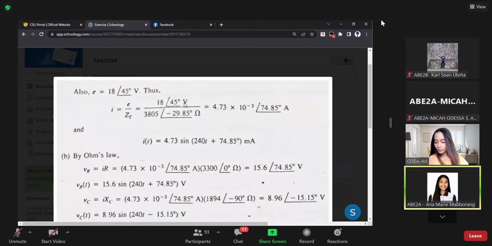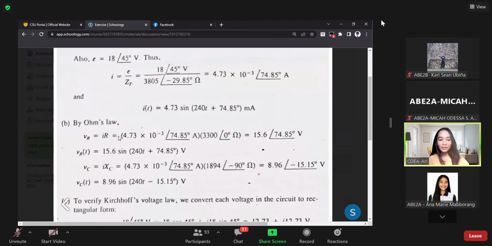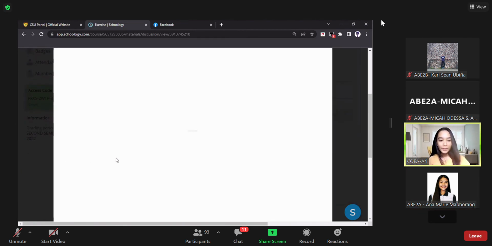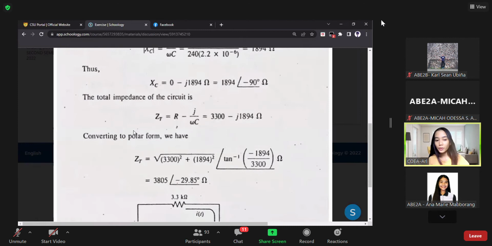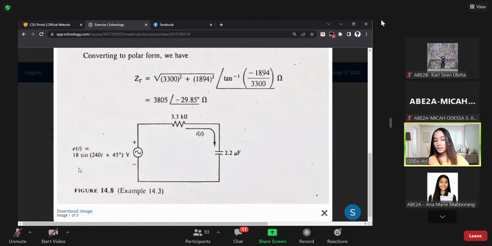Excuse me po. Sige. Ma'am, how did we obtain 18 angle 45 po? Sorry po, ma'am. Okay, hindi niya narinig. Dito siya galing, Ana. From the given, we have the form, sabi ko kanina, of our general AC circuit, the Vmax, sine WT, plus the angle of the voltage.